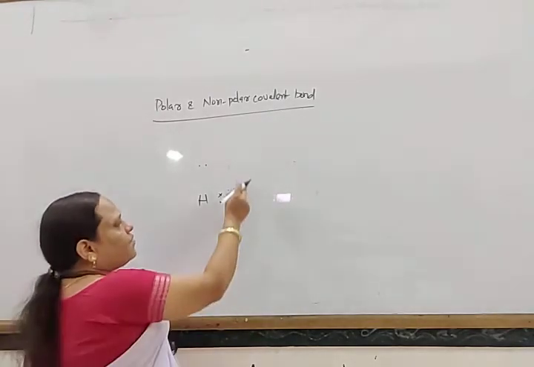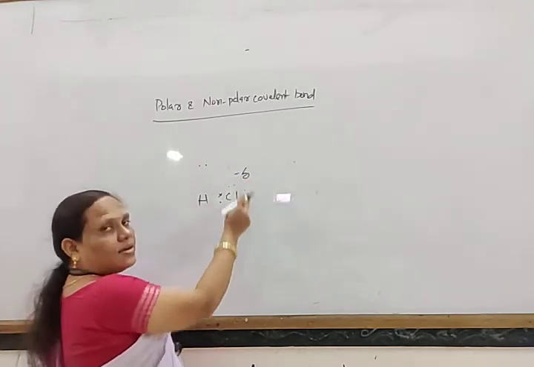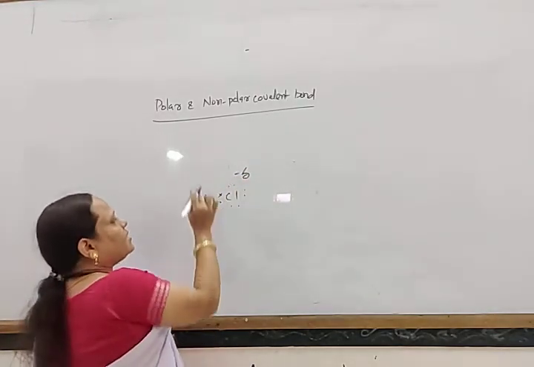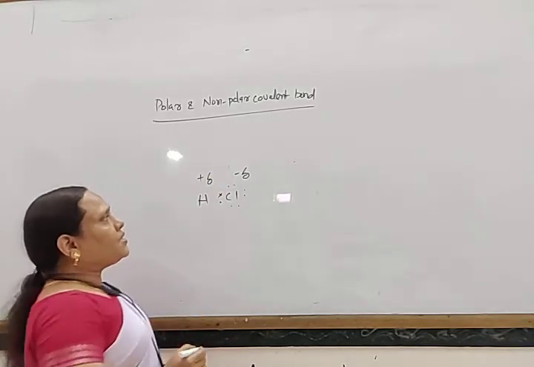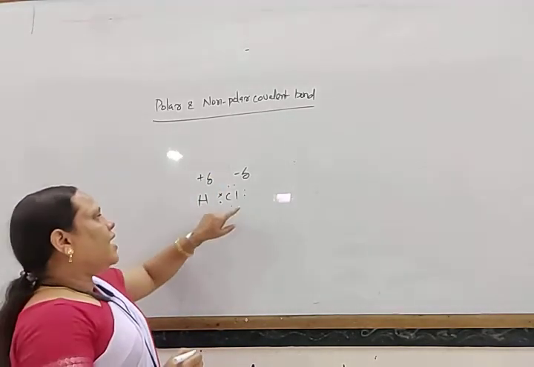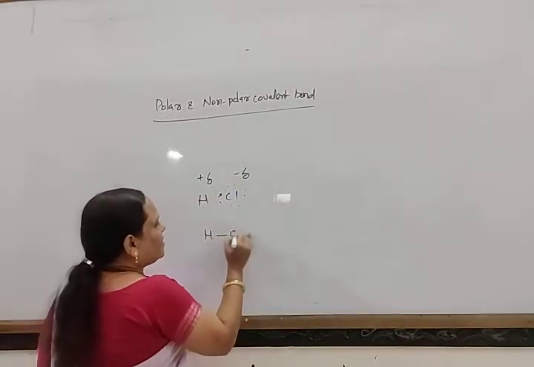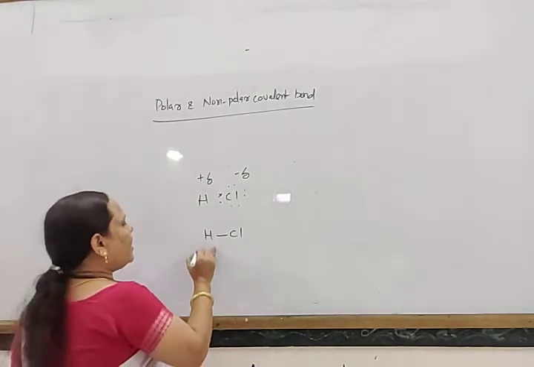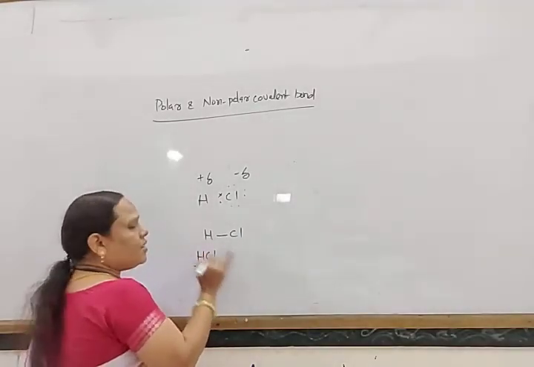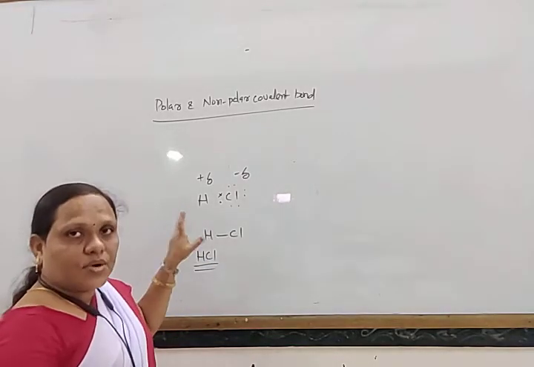As a result, the chlorine atom gets a partial negative charge, called del minus, and the hydrogen atom gets a partial positive charge, called del plus. This HCl bond is called a polar covalent bond, and HCl is a polar molecule.